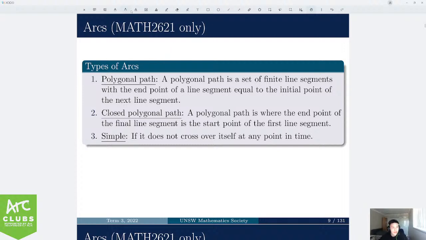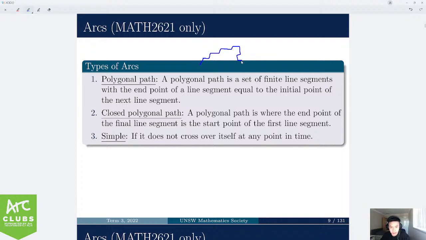Arcs. Number one, a polygonal path is essentially a set of finite line segments with the endpoint of each line segment equal to the initial point of the next. So just any line segment. This here is going to be a polygonal path. A closed polygonal path is where the endpoint of the final line segment is the start point of the first.